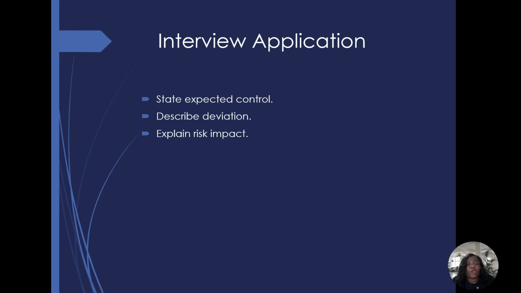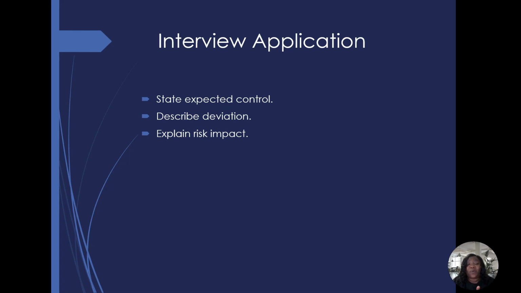You would often come across questions like this in your interviews. How do you identify a control failure? Can you give me a scenario or an instance where you identified a control failure and what you did? When you are discussing these scenarios in an interview, always ensure to structure your response clearly.